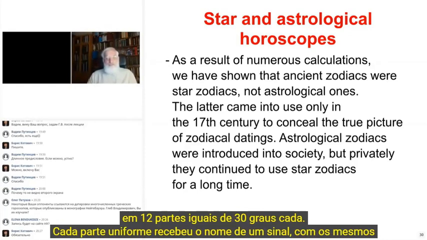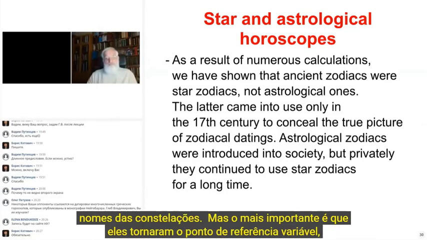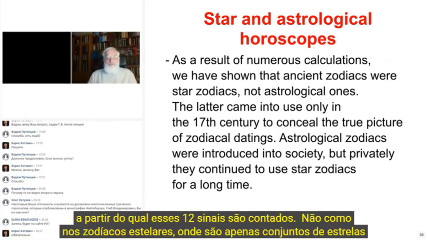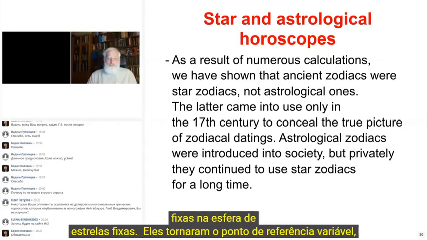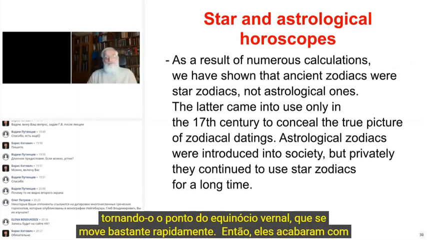Each uniform part was named a sign, given the same names as constellations. But most importantly, they made the reference point variable, from which these 12 signs are counted. Not like in star zodiacs, where they are just sets of stars that are fixed in place on the sphere of fixed stars. They made the reference point variable, making it the point of the vernal equinox, which itself moves quite rapidly.